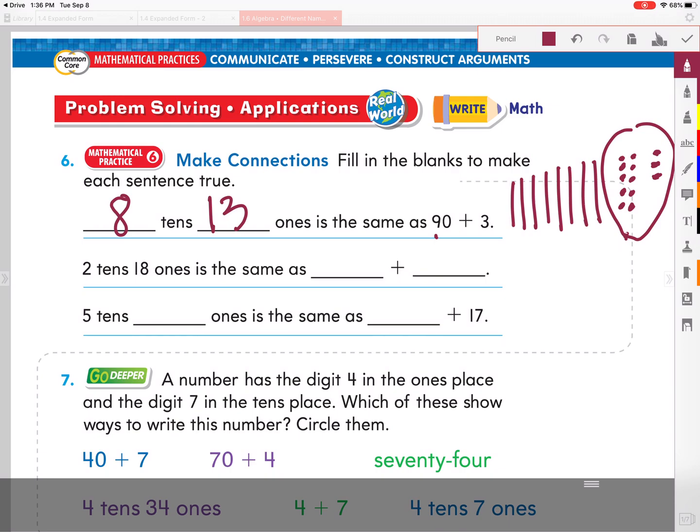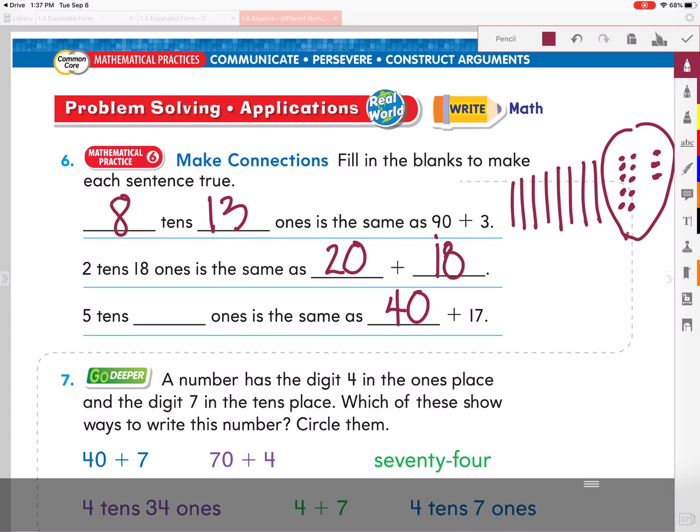All right. 2 tens and 18 ones is the same as 20 plus what? 18. All right, how about this one? 5 tens and blank ones is the same as, let's do 40 plus 17.